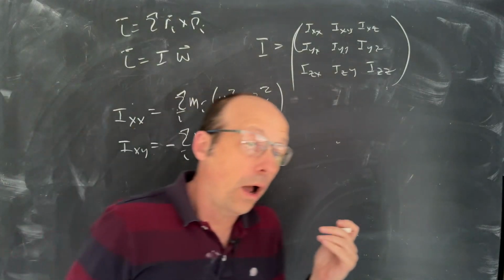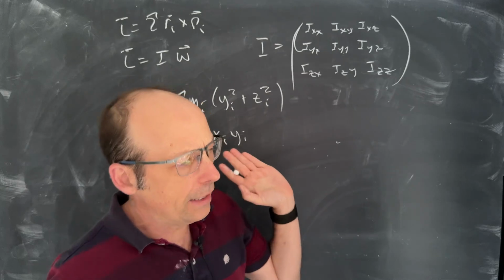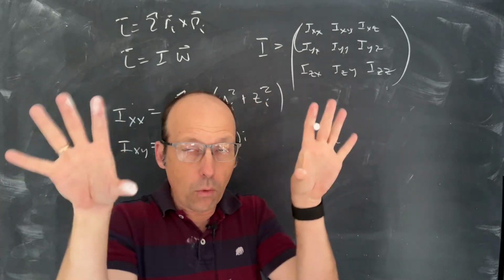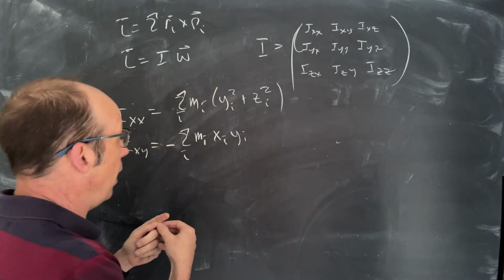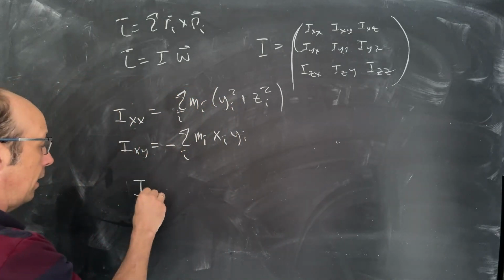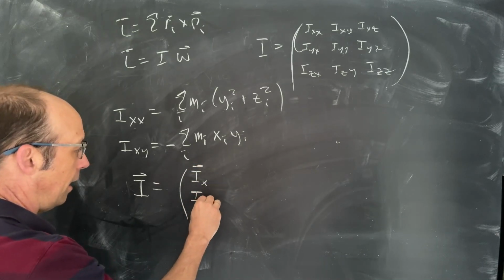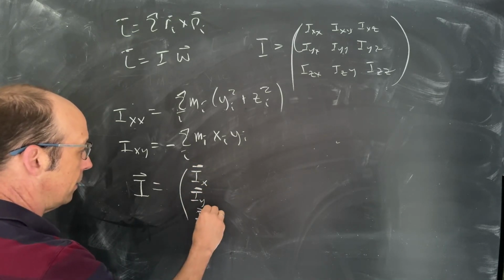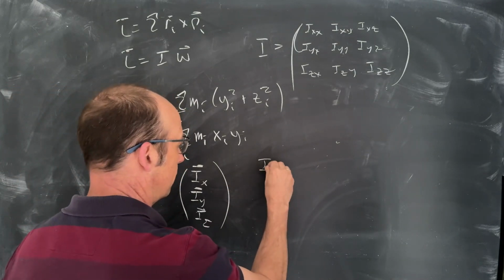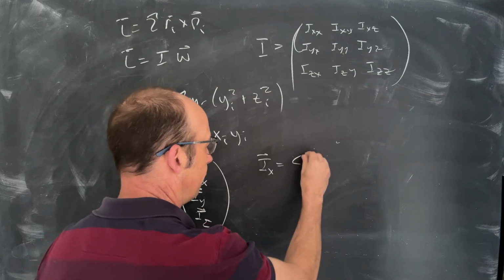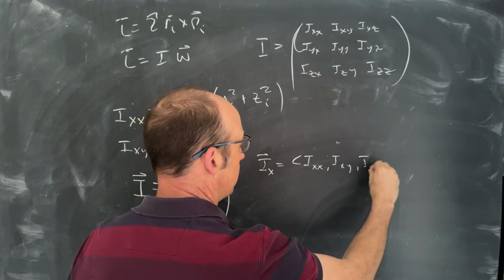Now, I'm using Web VPython. I hope you know that. And in Web VPython, there are no ways to operate matrices with a vector. So I'm going to actually write my moment of inertia, I, as the list Ix, Iy, Iz, where Ix is the vector Ixx, Ixy, Ixz.